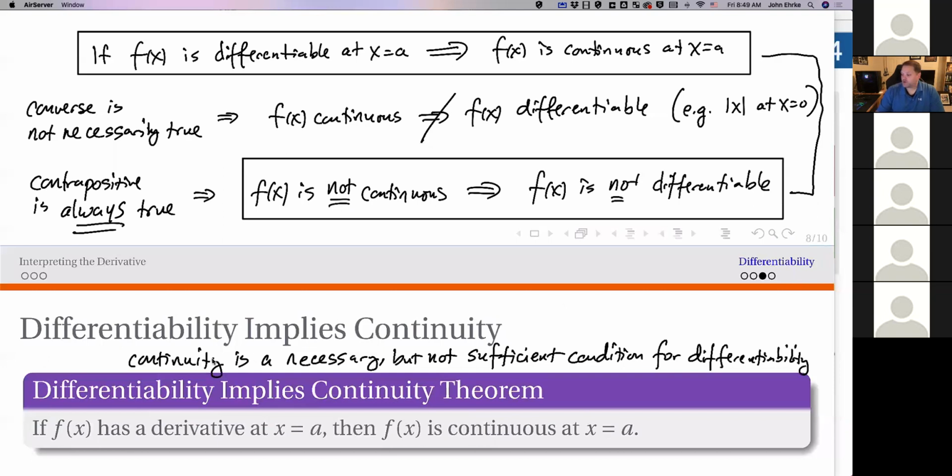Meaning you must be continuous to be differentiable, but just because you're continuous doesn't mean you're differentiable. Okay, continuity is a necessary but not sufficient condition for differentiability.